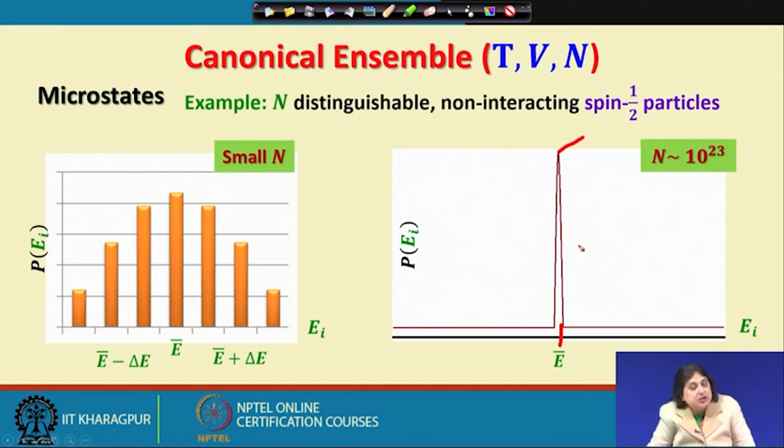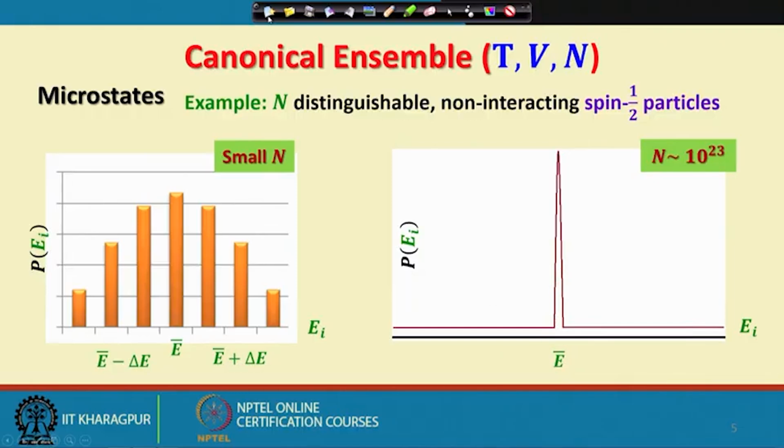The system is most probable to exist in those microscopic states that are having a total energy of E bar. But think about E bar minus delta E. Please remember, here delta E is a very small number compared to the total range of energy values available. And then if I go from the position of the peak, I see that there are other microscopic states also possible which are very close in energy to the E bar, and there is a substantial number of them.